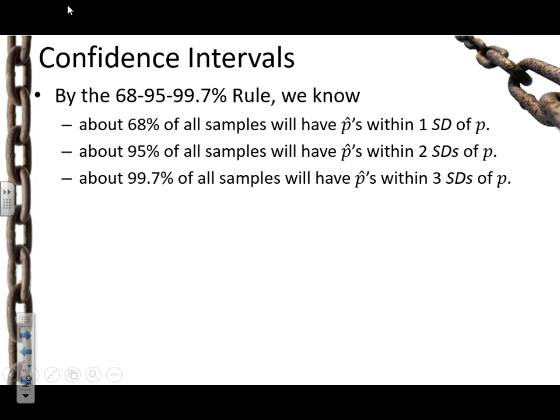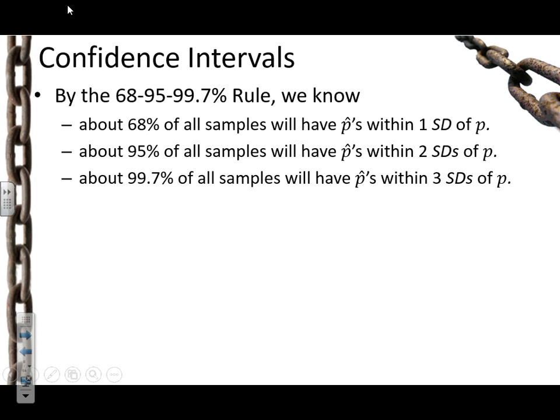So, we know that our sampling distributions for proportions and means should be approximately normal. And when we have normal distributions, we have the 68, 95, 99.7 rule. So that states that 68% of all samples we collect should give us a sample proportion that's within 1 standard deviation of the true population proportion.